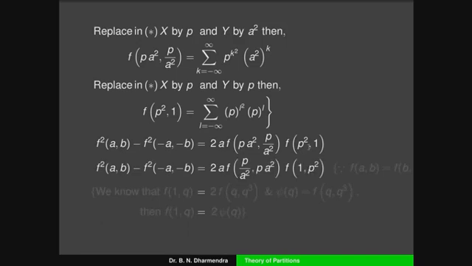It can be rewritten as f square of (a, b) minus f square of (minus a, minus b) is equal to 2 times a into f of (p by a square, p a square) into f of (1, p square).